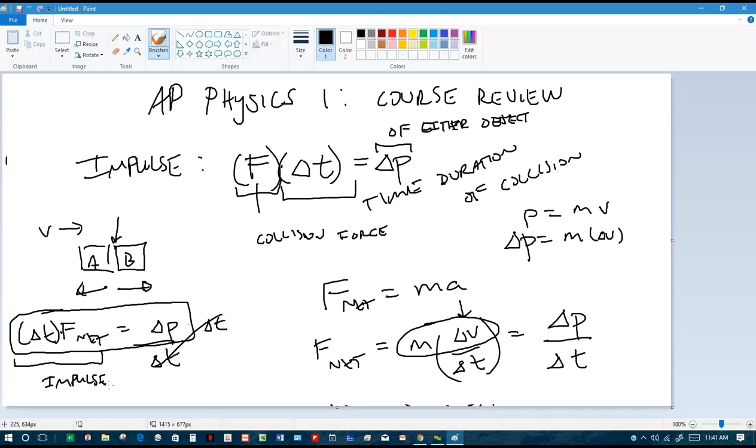So if they gave you information about time duration, they tell you delta T is some number, they might say it's 3 milliseconds, which would be 0.003 seconds. And they tell you how much force the object experienced during a collision, let's say 10 newtons, then it's straightforward to just multiply F and delta T.